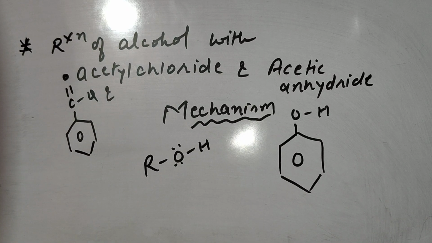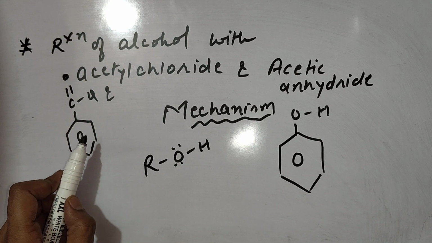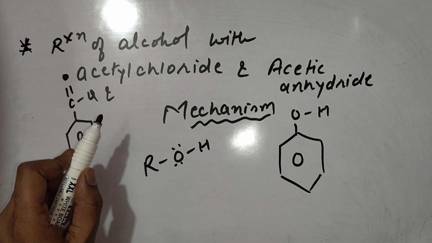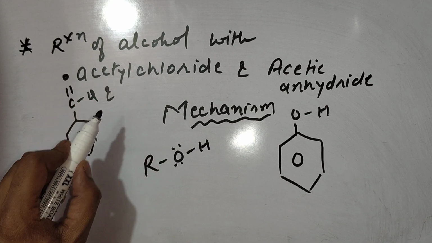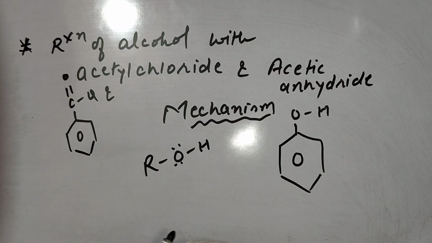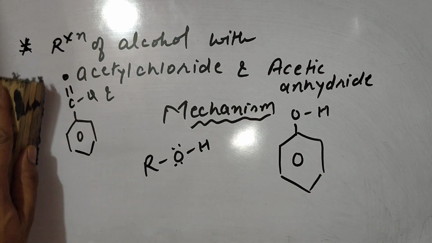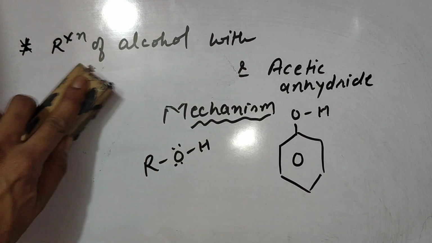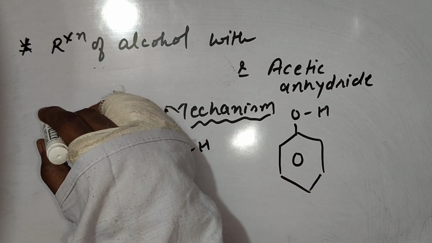Please check. For benzoyl chloride, I have not made a special video with alcohol because acetyl chloride and benzoyl chloride have the same mechanism with alcohol. Actually, they are the same, they have the same functional group. The only point is they differ by the alkyl part. What is acetyl chloride?